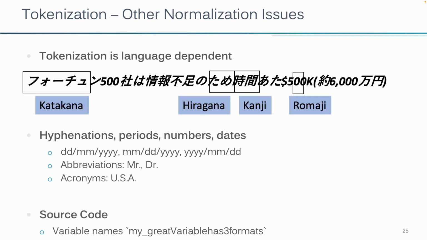They use different abbreviations. United States of America is sometimes US, sometimes USA. Source code has those great variable names that we have to take care of. So there are many different problems that we don't care about today, but there is a lecture that does. We just don't have time to do this. So just so you know, there exist more problems on tokenization. We just simplified it here.